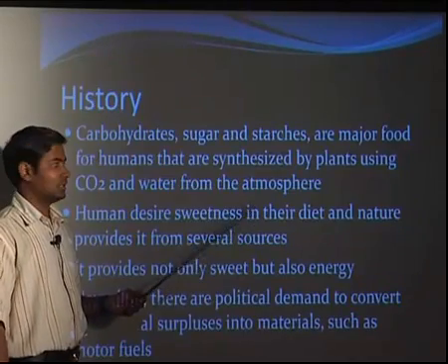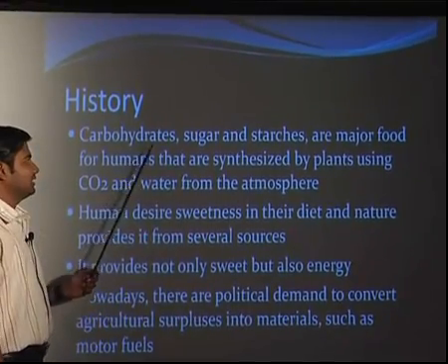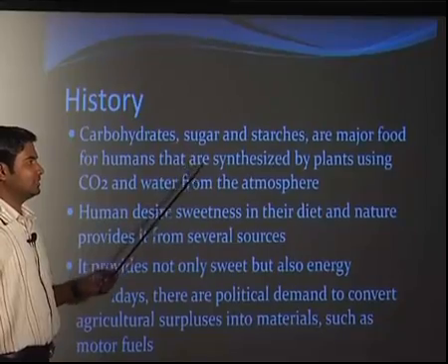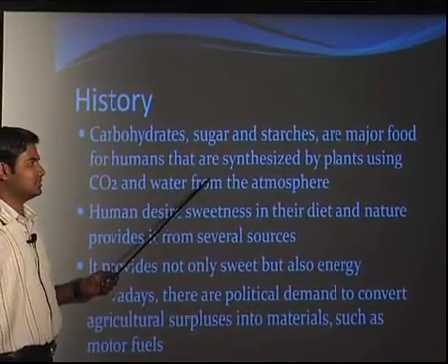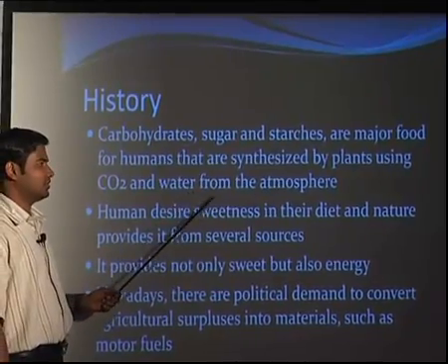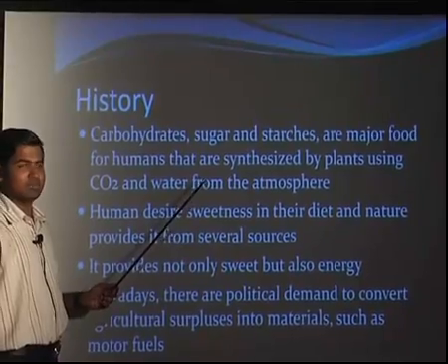If we see the history of sugar, carbohydrates, sugar and starches are the major food for humans that are synthesized by plants using carbon dioxide and water from the atmosphere. You are already familiar with photosynthesis in biology.